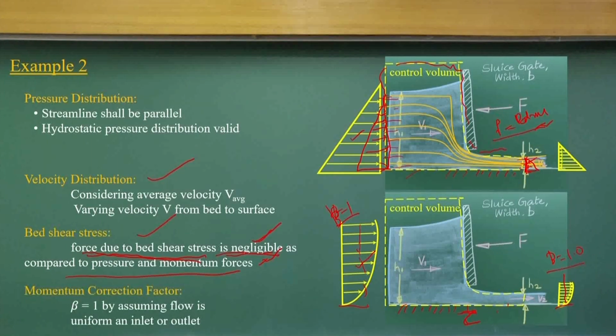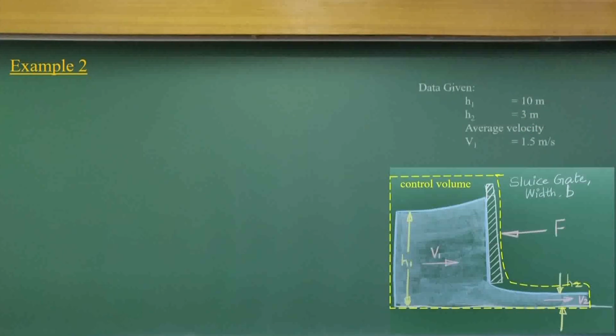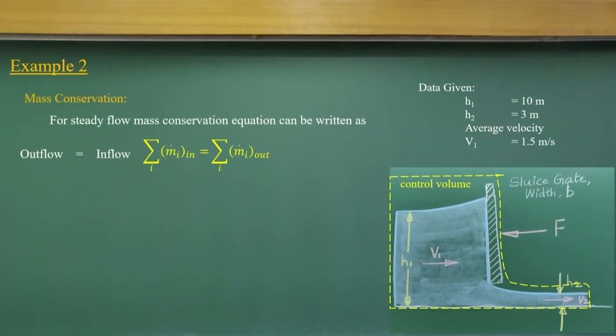Now, as I said, it is considered that there is no velocity distribution, momentum is uniform, and inlet and outlet are considered so. These are all assumptions. Now, I will apply the mass conservation equation because there is a single inlet and outlet. The mass influx is equal to the mass outflux, a very simple problem: m dot in equals m dot out, that is rho Q1 equals rho Q2.